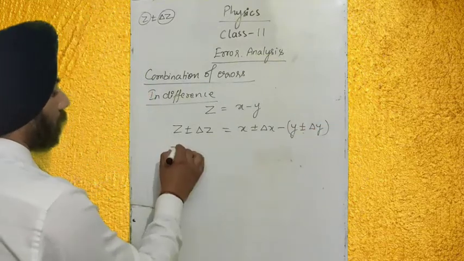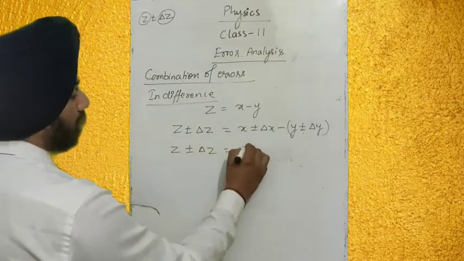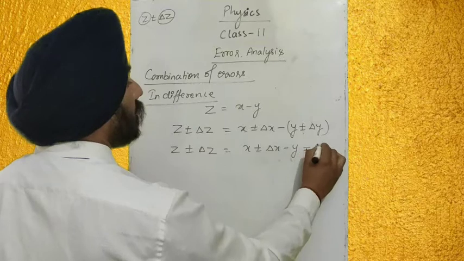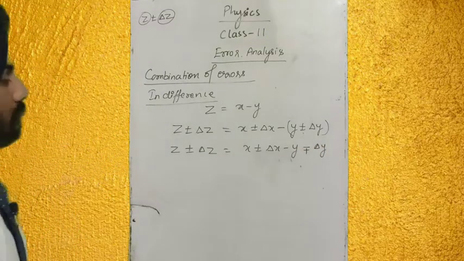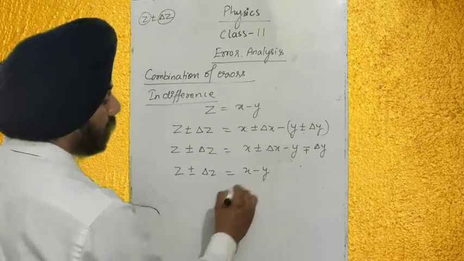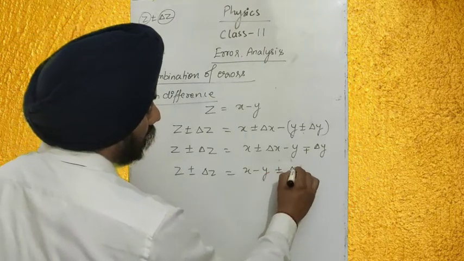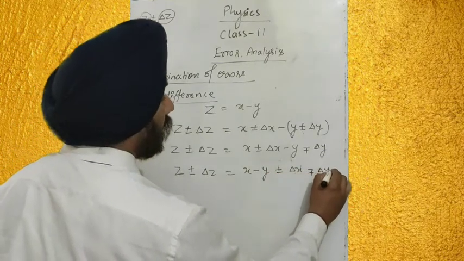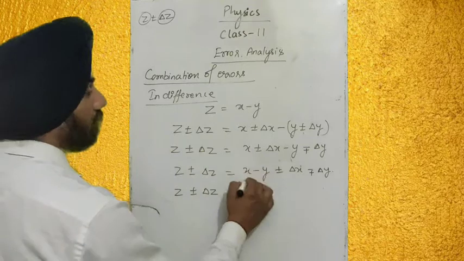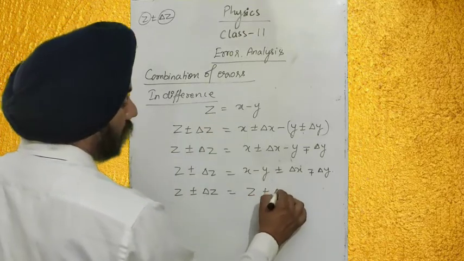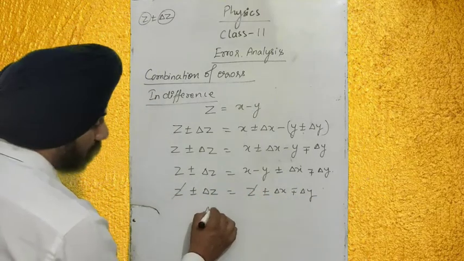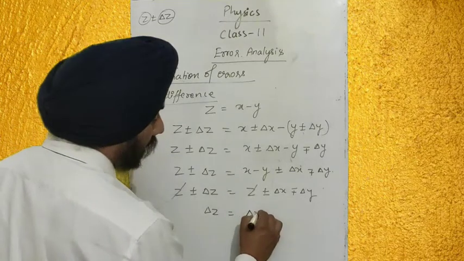Taking in brackets, z plus minus delta z equals x plus minus delta x minus y minus plus delta y. Minus is multiplied inside. So z plus minus delta z equals x minus y plus minus delta x minus plus delta y. x minus y was z, so z and z cancel out. Delta z will be equal to delta x plus delta y.